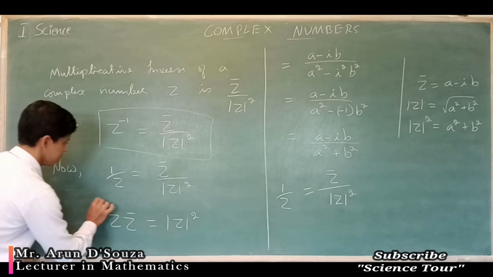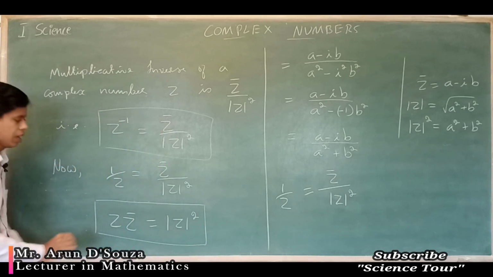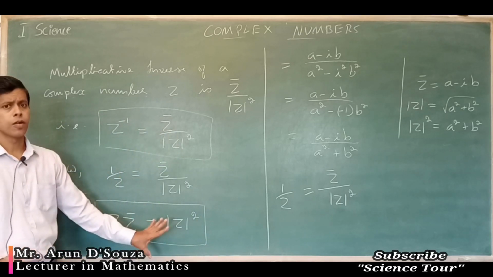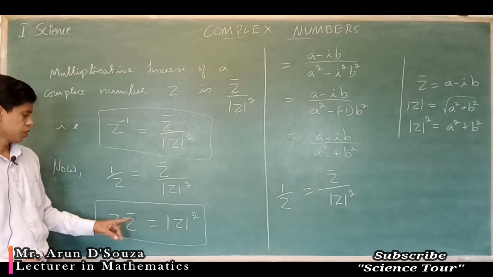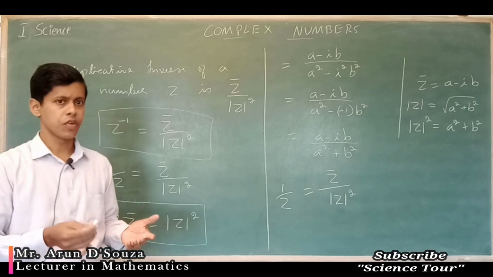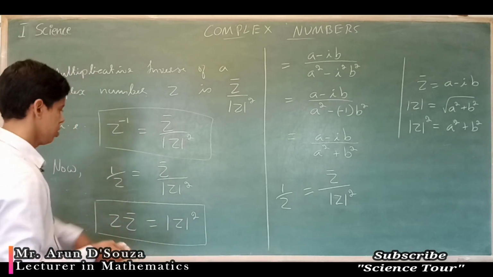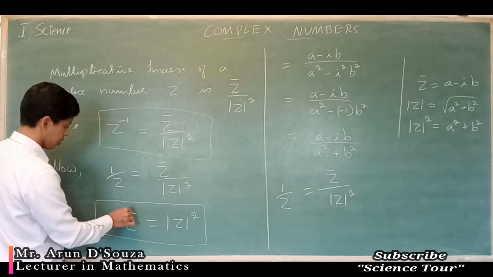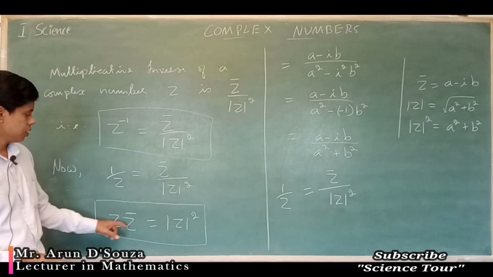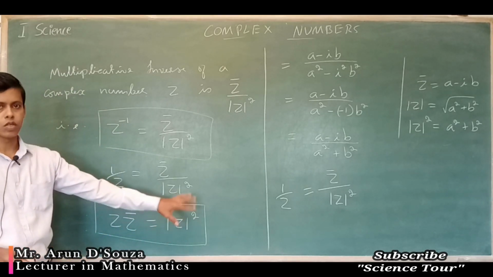So this is one more formula, and this formula is very important for competitive exams. If you know this formula, you can solve the problem very quickly. So remember this formula. Right. So z into z bar is equal to modulus of z square.